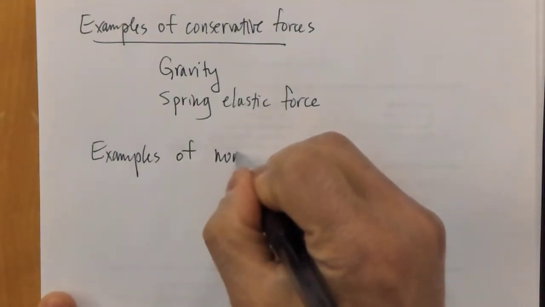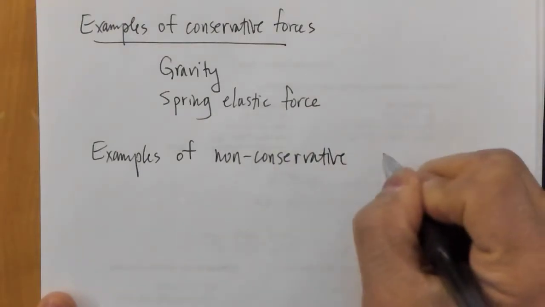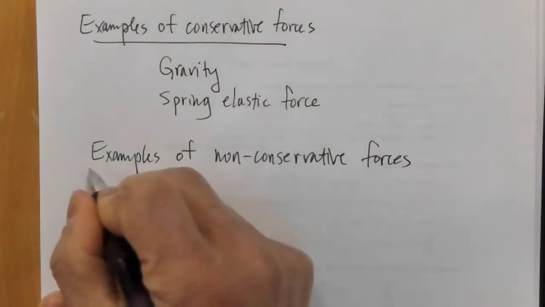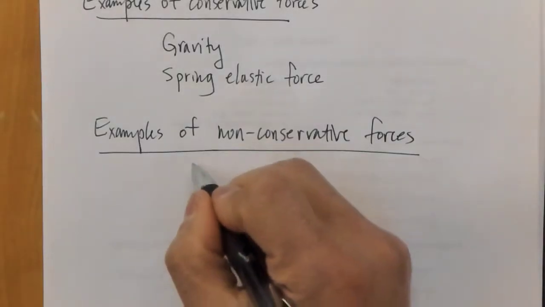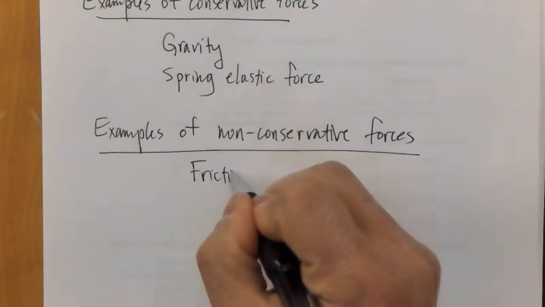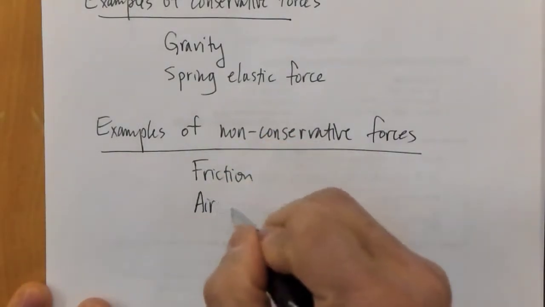non-conservative forces. Okay. One very big one we'll talk about right away is going to be friction. And there's a term in your textbook when they talk about friction, or air resistance is another one.